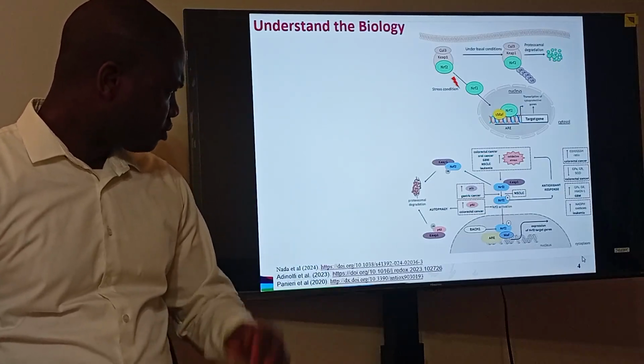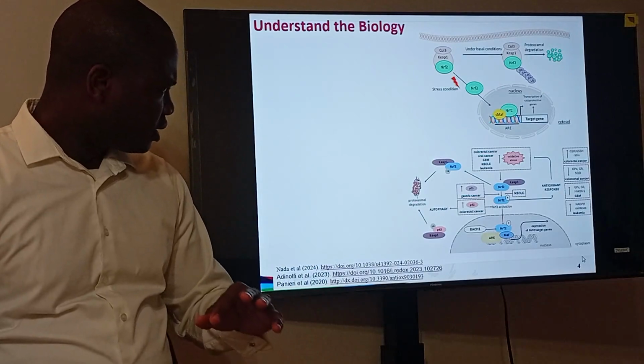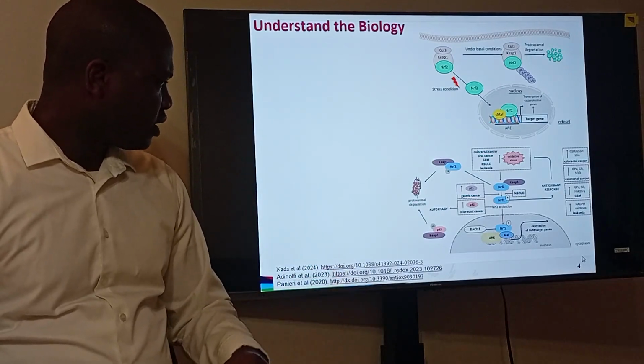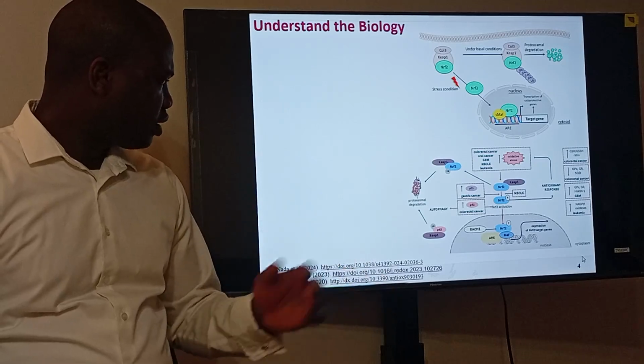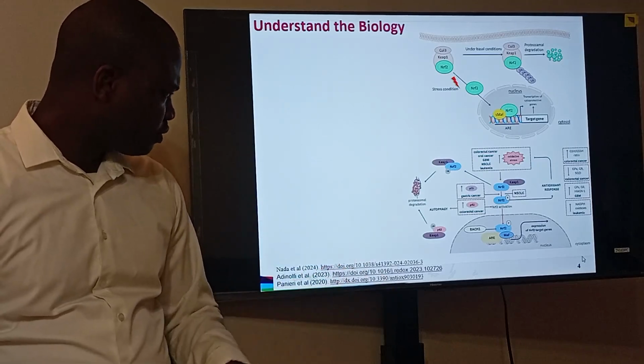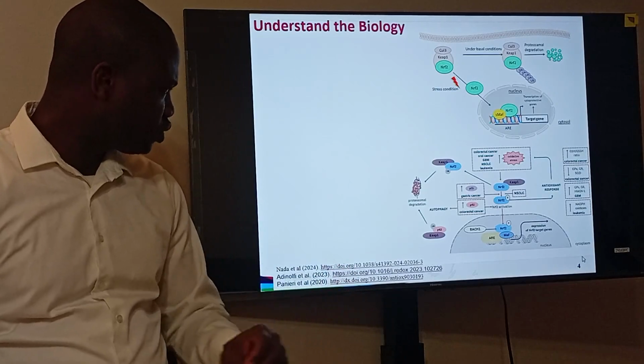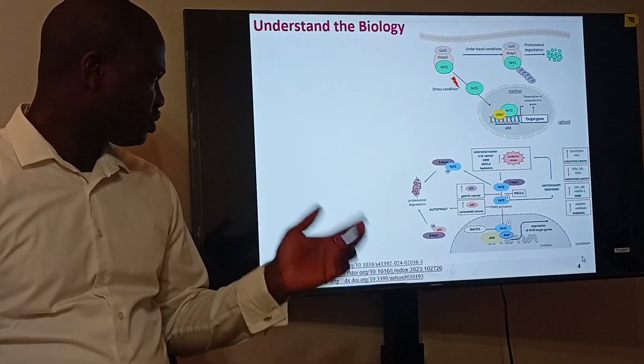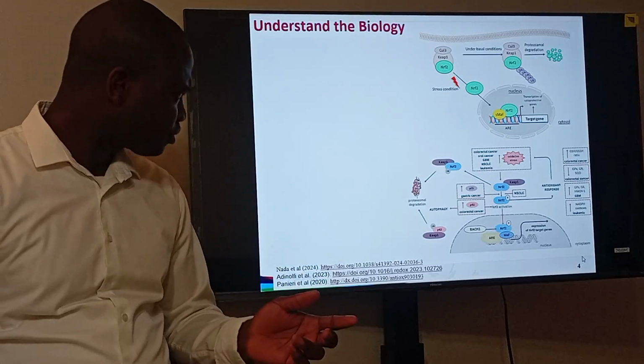Okay, so KEAP1 not only binds to NRF2, you can see it can also bind to P62, which leads to proteasomal degradation.